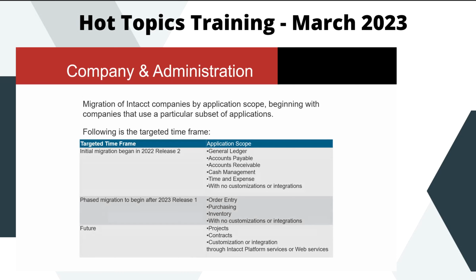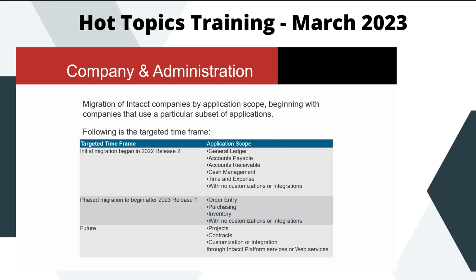As you see, the migration of these companies will come as application scope and will be broken down by the different applications in the subset. Here you will see the target timeframes within those scopes, starting with the migration in 2022 with the R2 release, with the different applications such as general ledger, and things like cash management and time and expense as well.